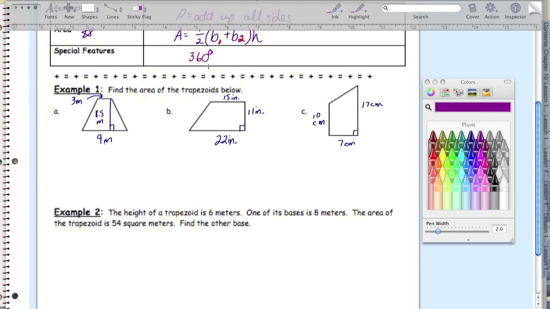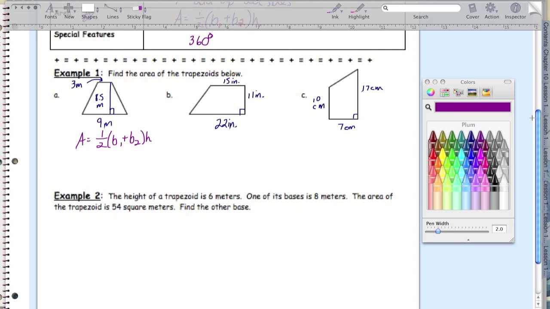First one, find the area of the trapezoids below. Okay, so we have these two different bases, so we're going to pull on our formula, 1/2 (base 1 plus base 2) times height. And then we go ahead and fill in all the pieces that we need. Base 1, I said, in our examples we labeled at the bottom. So base 1 is 9, so I'm going to have 1/2 times (9 plus base 2, which is 3).